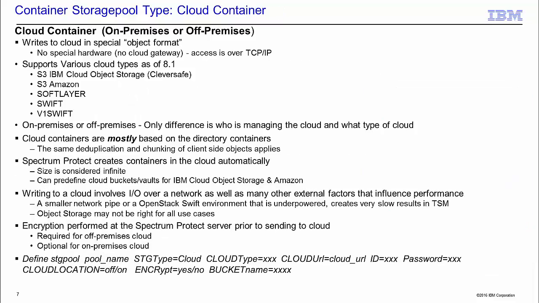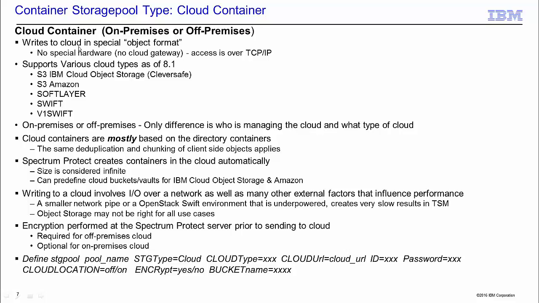Container storage pools. Now I'm going to talk about the cloud containers. Cloud could be either on-premise or off-premise, and the only real difference between on-premise or off-premise is who is managing the cloud and what type of cloud it is. We write out to the cloud in an object format and do not require any type of cloud gateway.